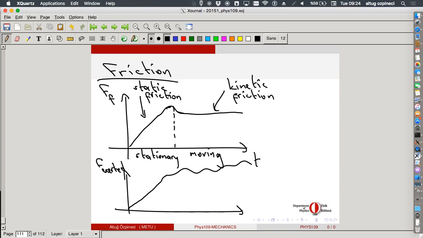So you see, the static friction force doesn't have a constant value. Its magnitude can change, and its magnitude is determined by the requirement that there shouldn't be any motion. But there is a maximum value for that static friction.